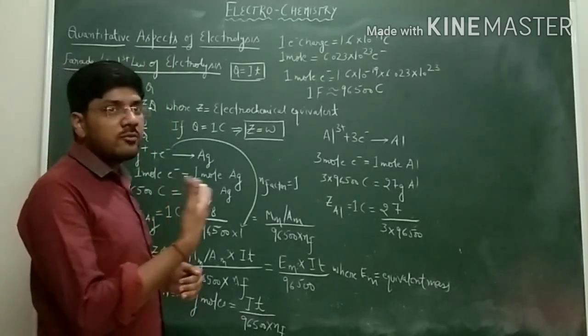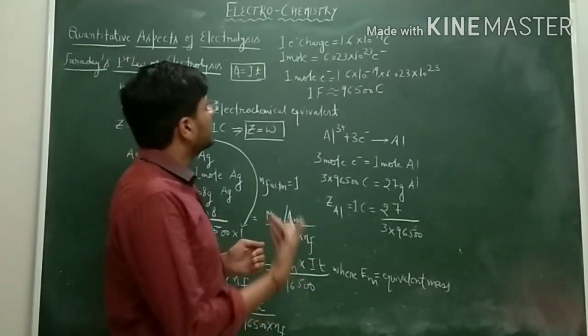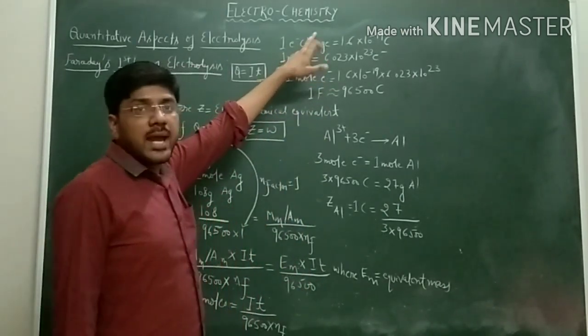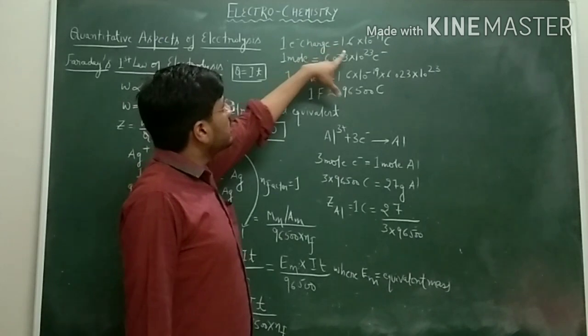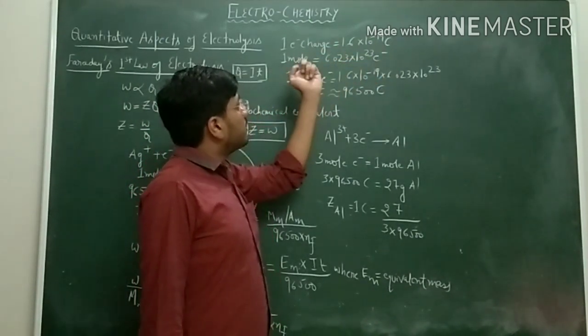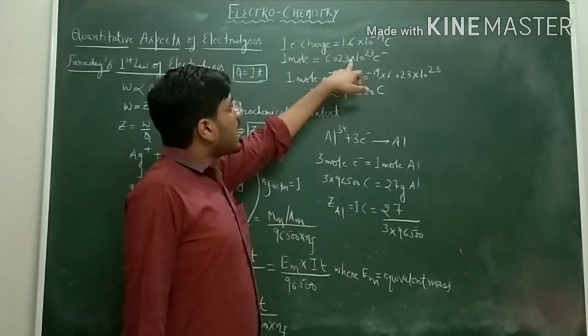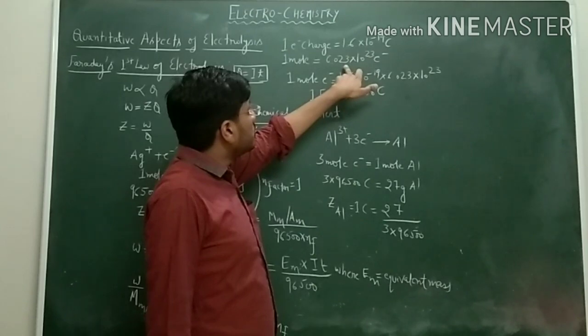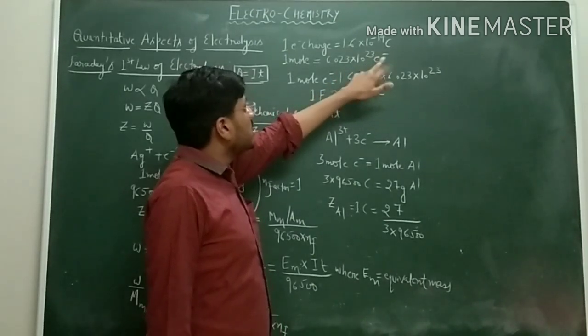But before going to Faraday's law, we will discuss some general concepts. We all know that the charge on one electron is 1.6 × 10^-19 coulomb, and in 1 mole there is an Avogadro number of electrons, 6.023 × 10^23.